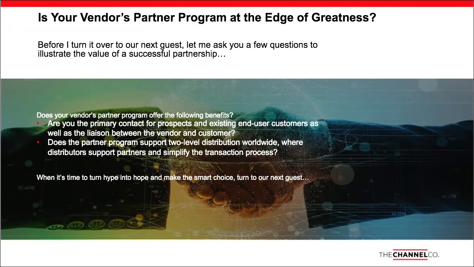Do they offer things like making you the primary contact for prospects and existing end-user customers, and being the liaison between the vendor and the customer? Does the partner program support two-level distribution worldwide, where the distributor supports the partners and also simplifies the transaction process? So when you're reviewing either the vendor you're working with or the one you want to work with, keep these things in mind.